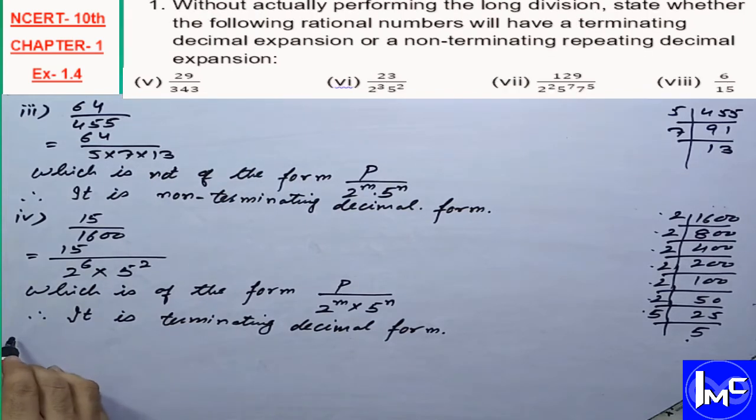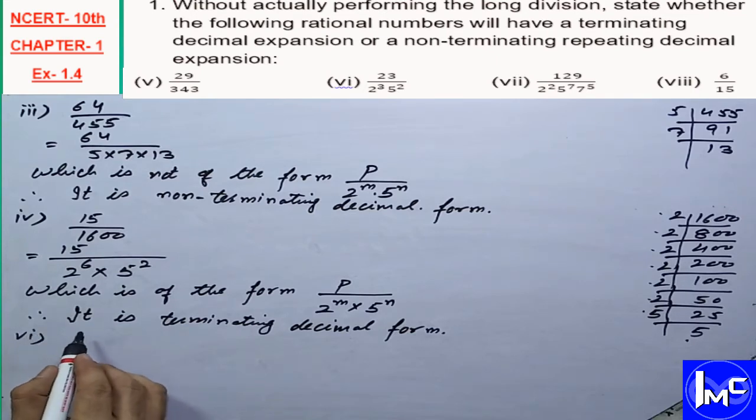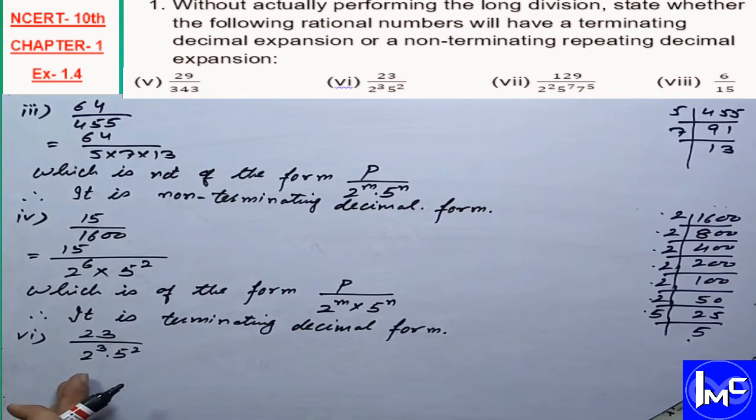Sixth question is 23 over 2 cube 5 square. There is no need to make the factors, already factors have been made.